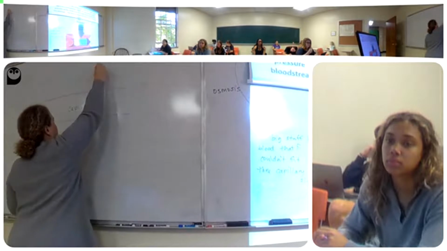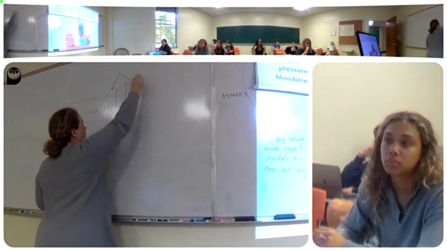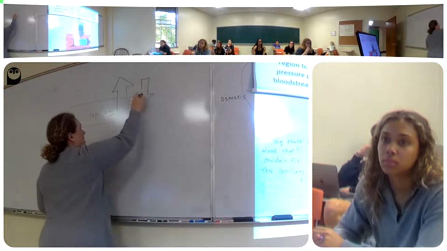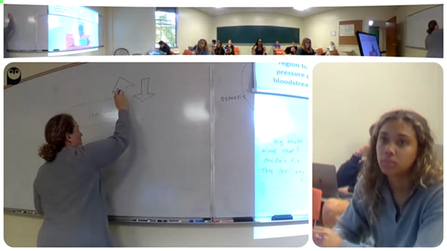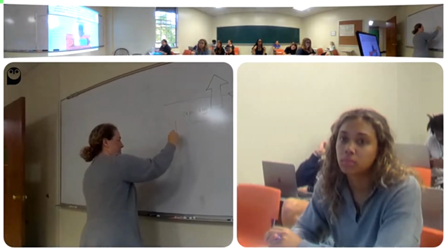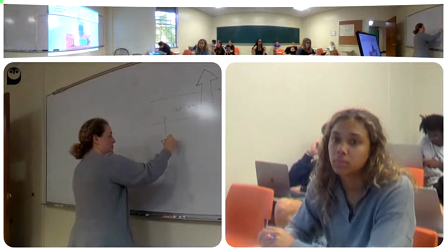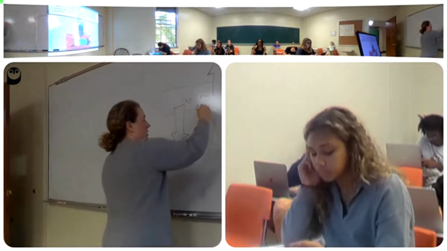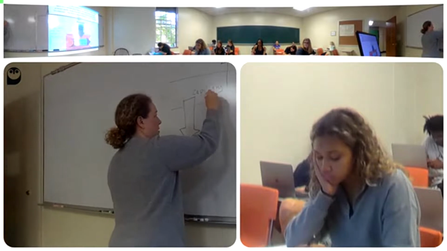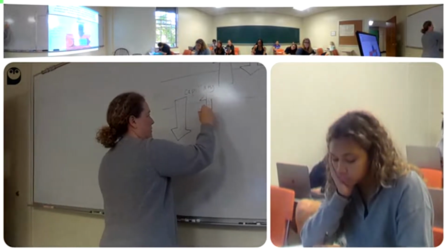So there's a force going outward, and there's also a force pulling inward. And I want you to also draw those arrows going in the other direction too. Force outward and a force inward.